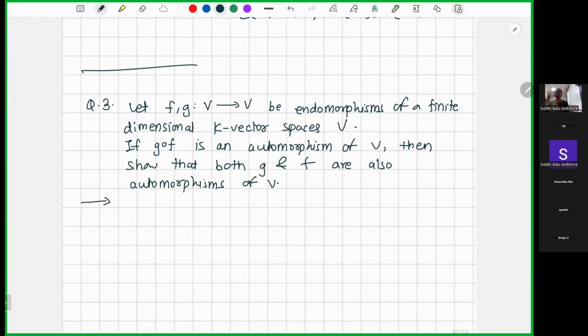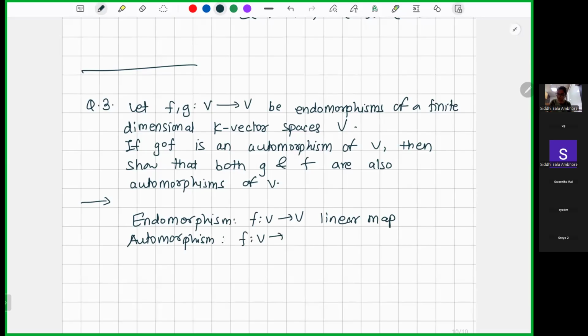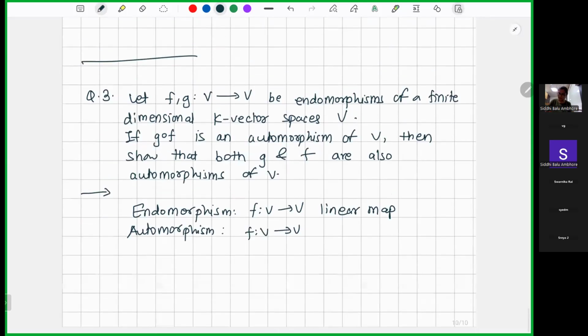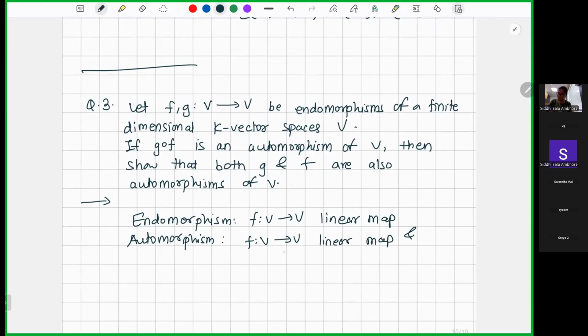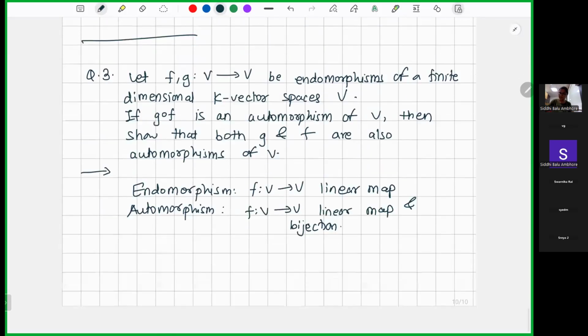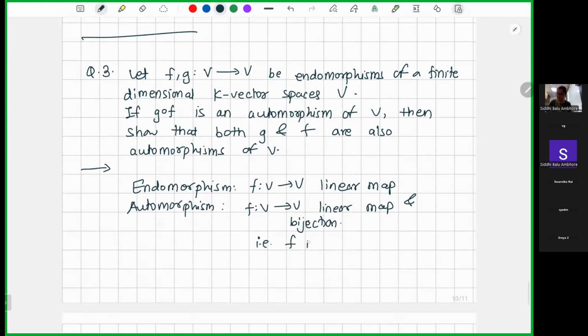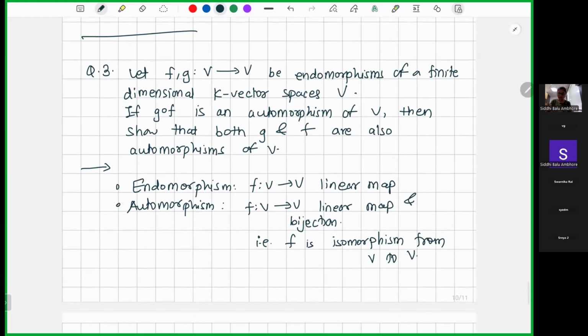When we say it is an automorphism, it is a bijective linear map from V to V, so F is an isomorphism from V to V. I'm just writing the definition if you don't know what these terms mean.